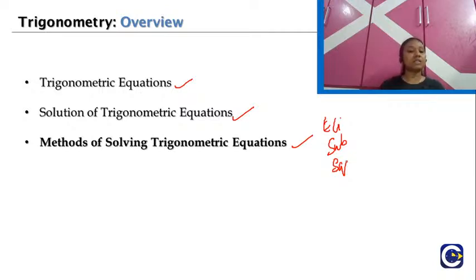For these typical trigonometric equations, we have a few methods of solving them. Today we'll see the different methods of solving different trigonometric equations. That will be our major aim for today's session.